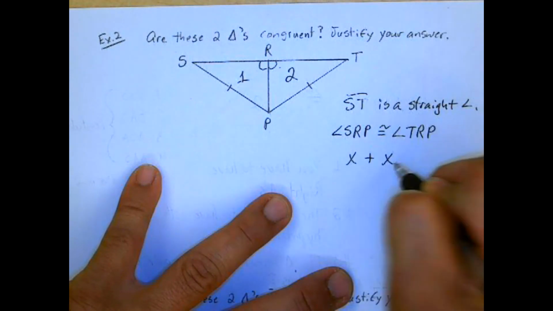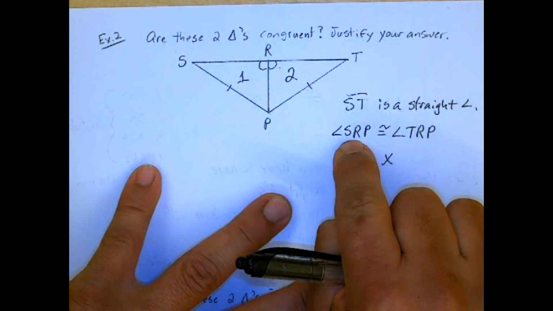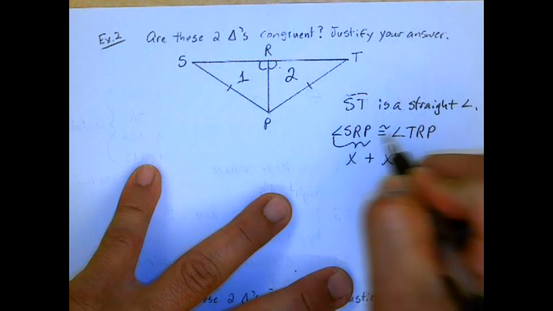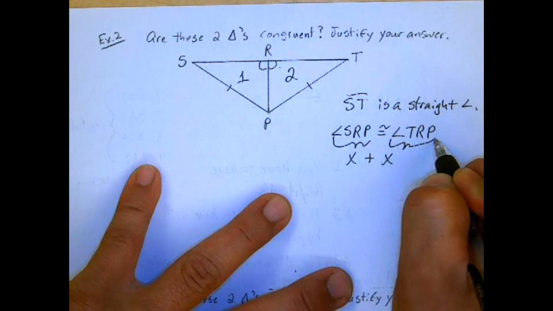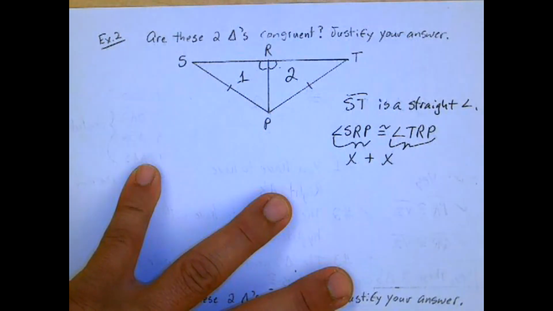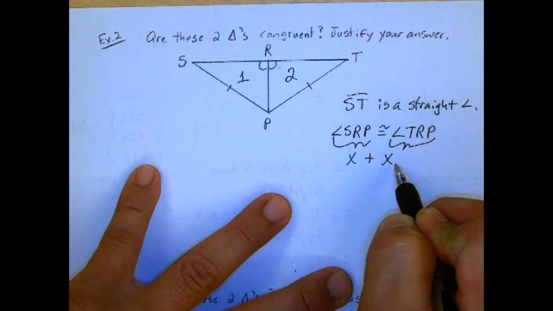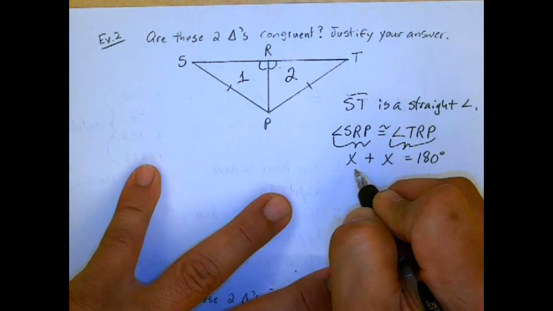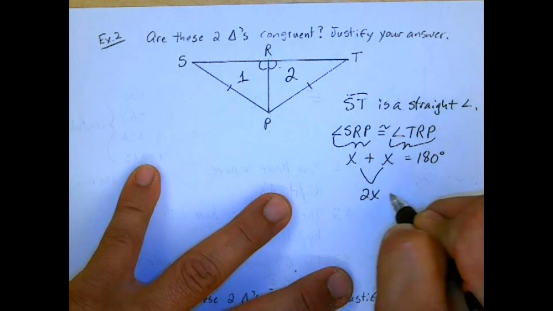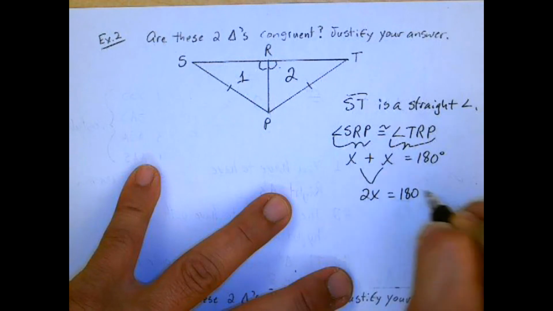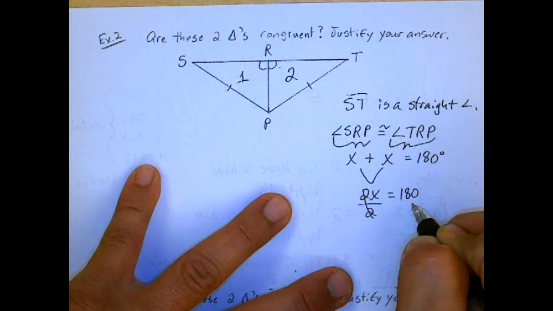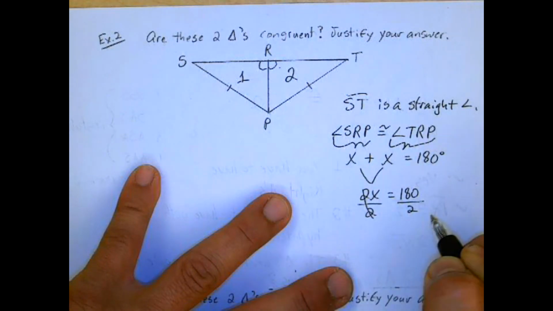And the reason why I'm going to call it X is because this amount of degrees is congruent to this amount of degrees. And so I'm just going to label this X. And this one, I'm going to label it X. Okay? If I was to add up those two angles together, I would end up getting 180 degrees. And when I add up these two variables, remember, algebra is very important in geometry. Most of the time it is one-step geometry, and the rest will probably be algebra for you.